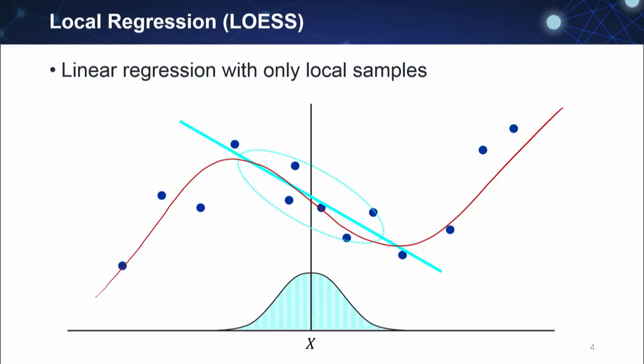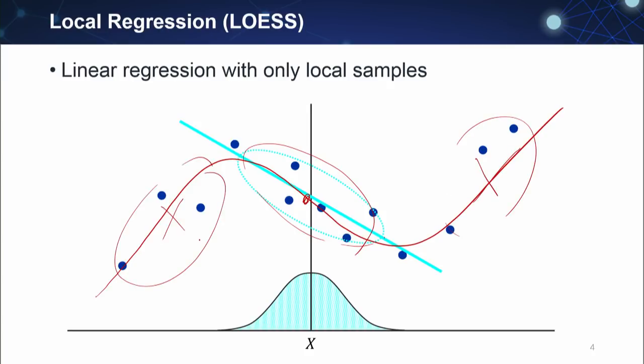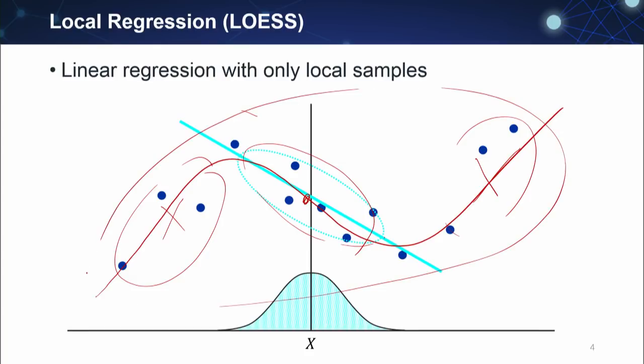So when we find a linear line around a certain point, only its neighbor data points are considered. However, it does not necessarily mean that only neighbor points are considered and the other points are not considered at all. Actually, all data points are considered, however, with different weights. If a data point is close to the point of estimation, it is considered with high weight.